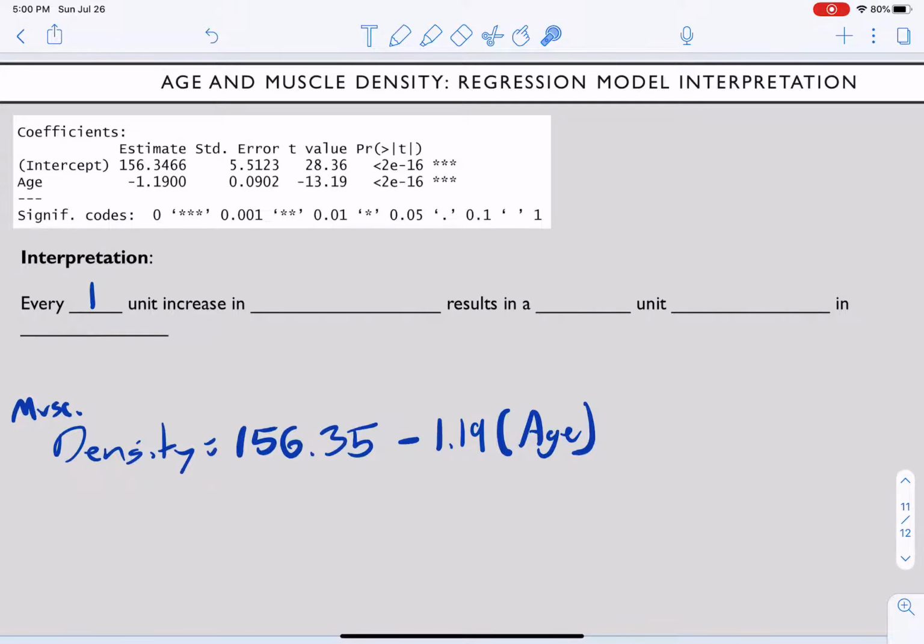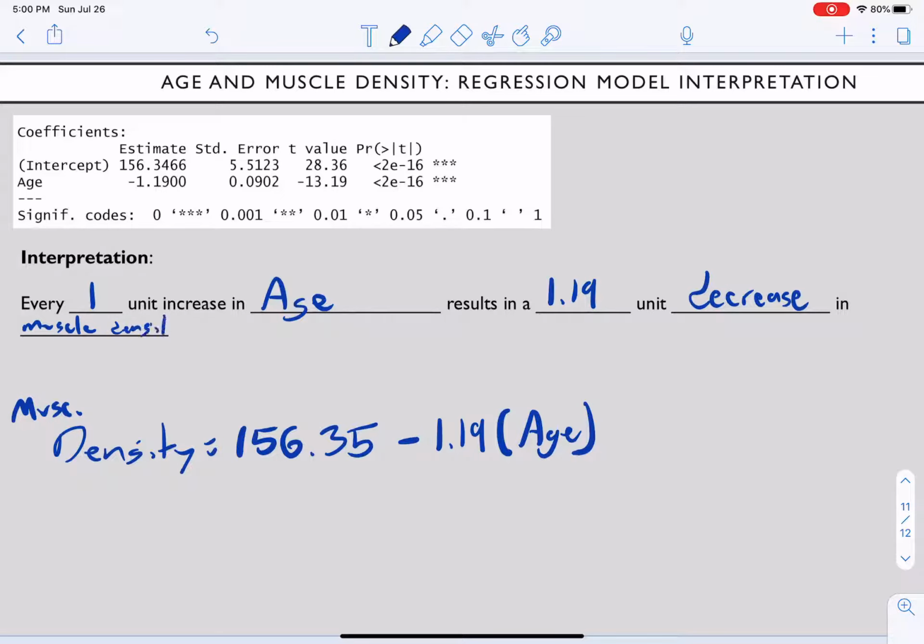So for every 1 unit increase in age results in a 1.19 unit decrease in, and then what's our outcome? In muscle density.